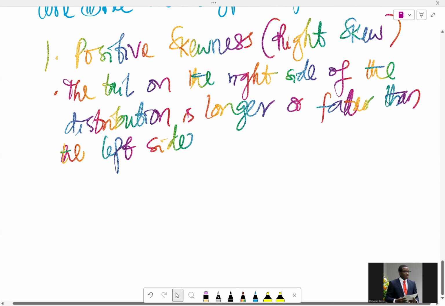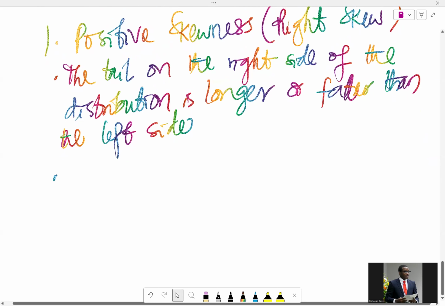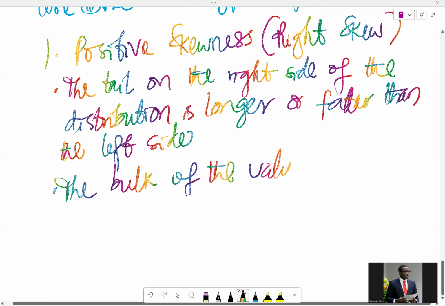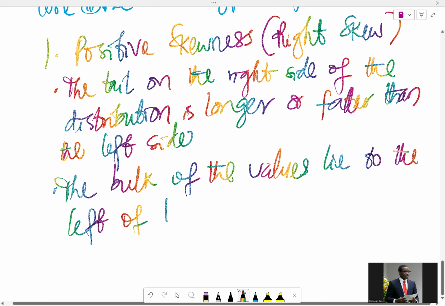Okay, that's one. Two, the bulk of the values lie to the left of the mean.